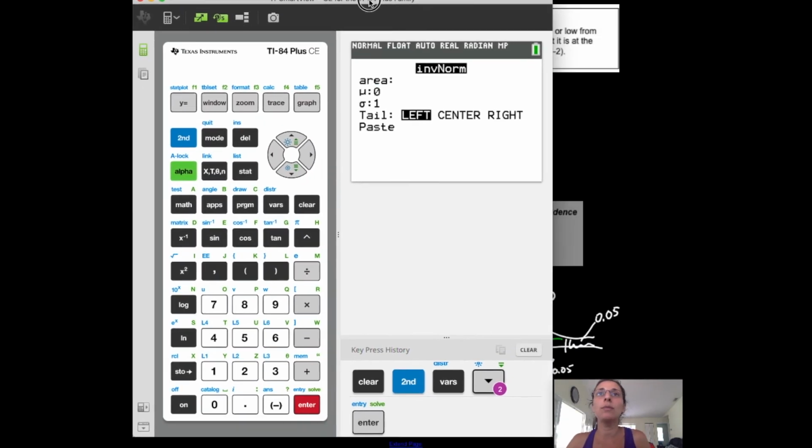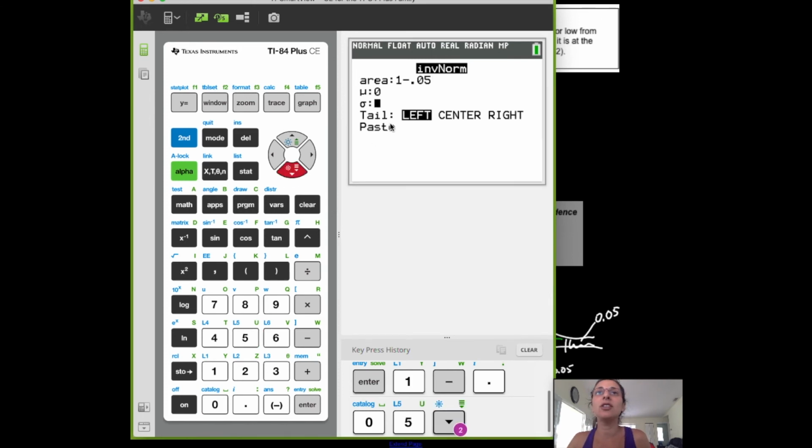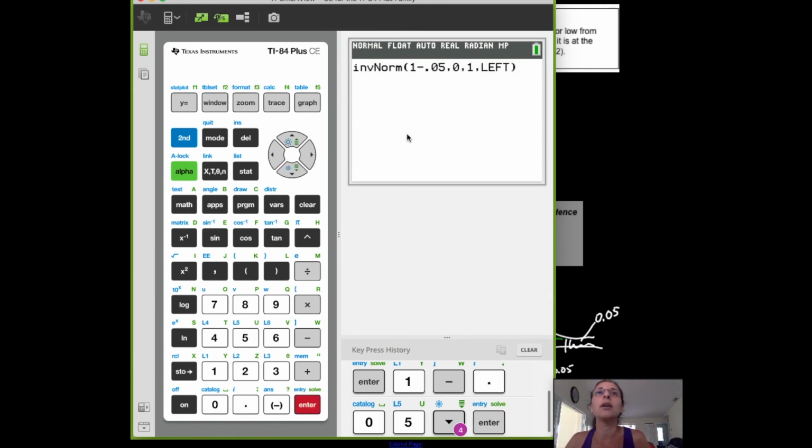Area to the left is 1 minus 0.05. Mu is 0, standard deviation is 1 because I'm talking z-scores, so I'm talking standard normal distribution curve. Right? I am always going to keep it left so it stays consistent with everyone. This is what it looks like if you guys don't have the fancy calculator. It doesn't have this part.